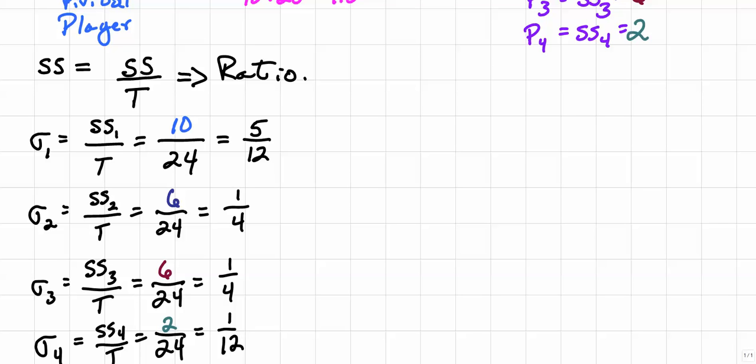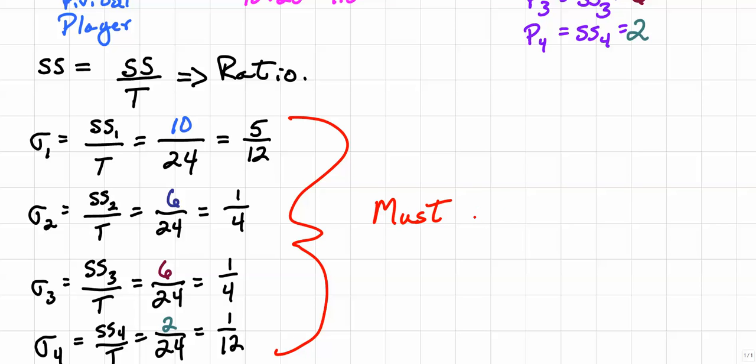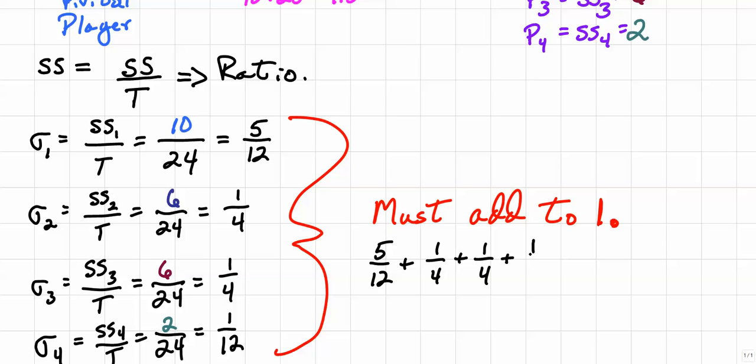Now remember that these four values here must add to 1. And so you would want to go ahead and verify that. You'd have 5 over 12 plus 1/4 plus 1/4 plus 1/12.